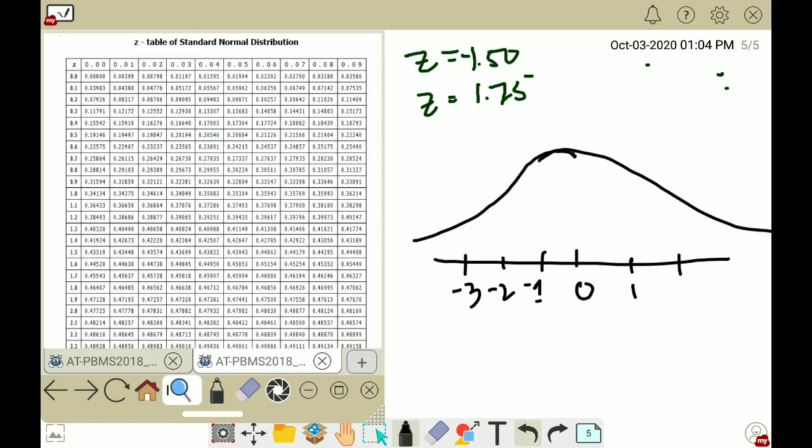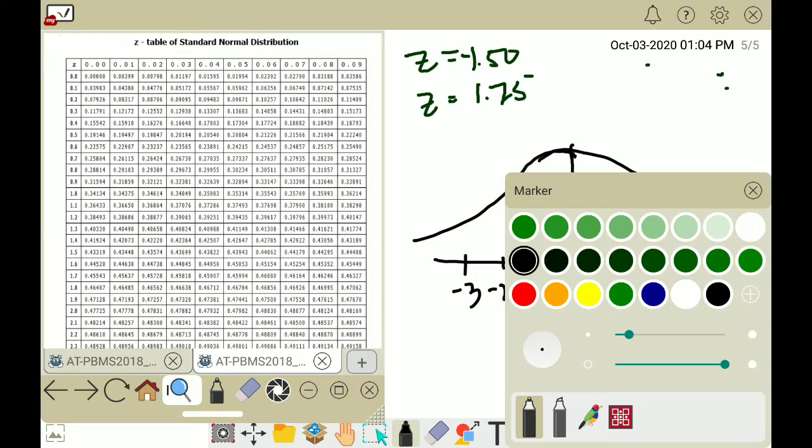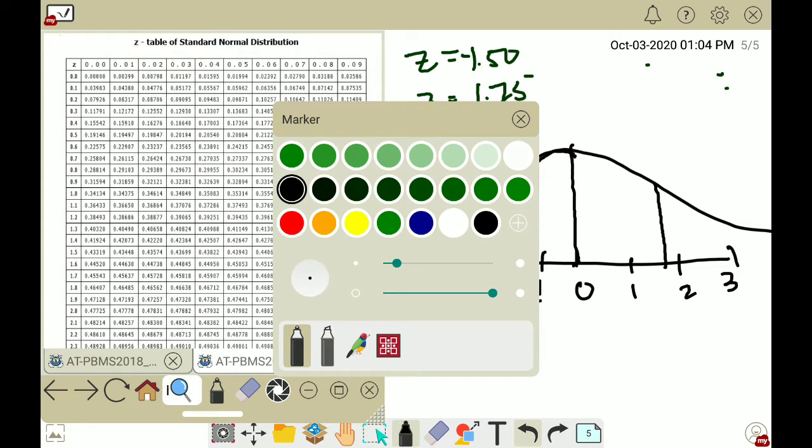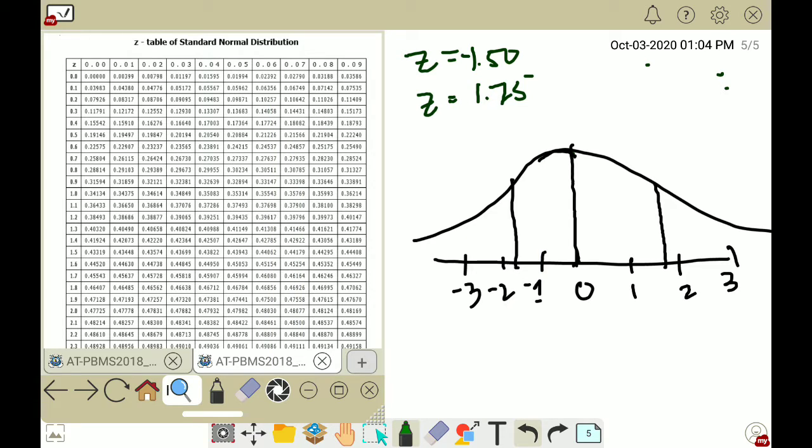Then 1, 2, 3. And then 1.75, and then -1.5, and then 1.75. And then as you can see, between, right? So this is your between already.